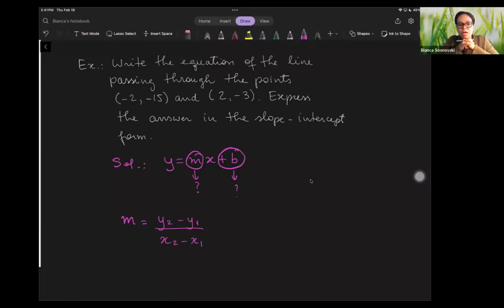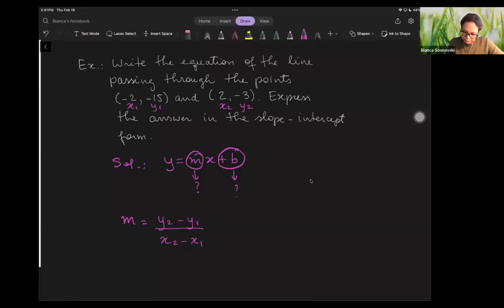Now, for the x and y values from the points, I will designate the first point as x1, y1. And my second point is x2, y2.